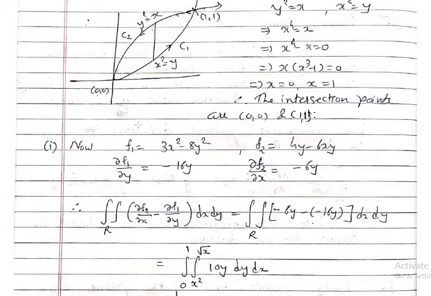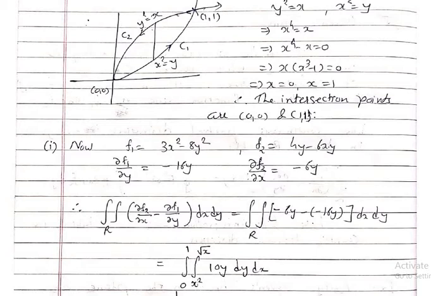Now the limit of region, that means the region bounded by these two curves. So as we have done in double integration, we have to draw one strip parallel to x or parallel to y. So I am starting with strip parallel to y. Okay, so limit of y is starting from lower curve y is equal to x square and ending at upper curve y is equal to under root of x.